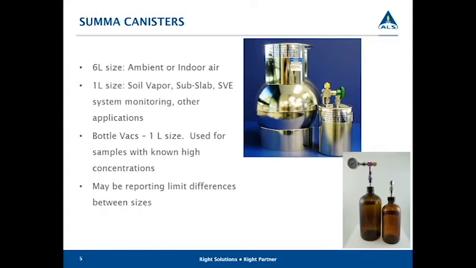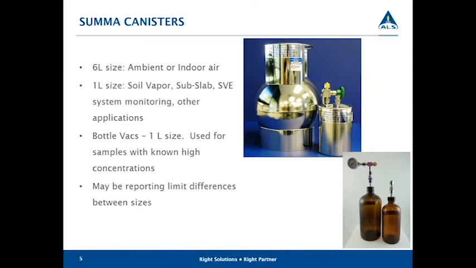We have a 6-liter size summa canister. That's traditionally used mainly for ambient and indoor air sampling. This is the 6-liter can here. The 1-liter size summa canister over here is used mainly for soil vapor, sub-slab, SVE system monitoring, and other applications.